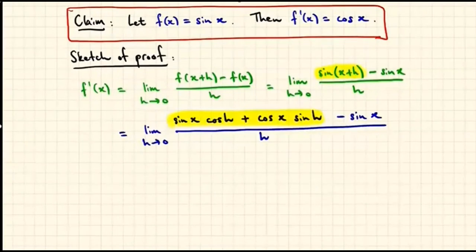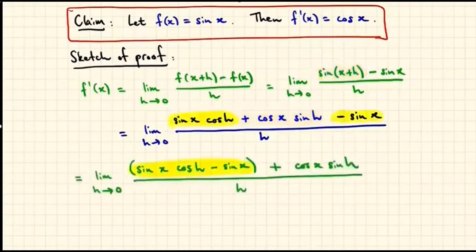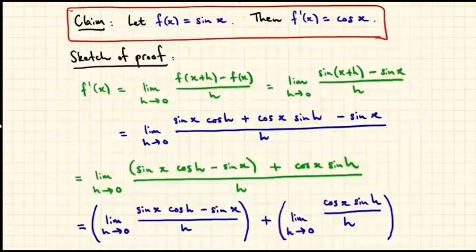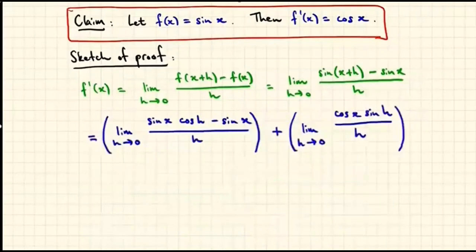We now strategically reorganize the components of the numerator. In the numerator of the first limit, we take out a common factor of sine x.